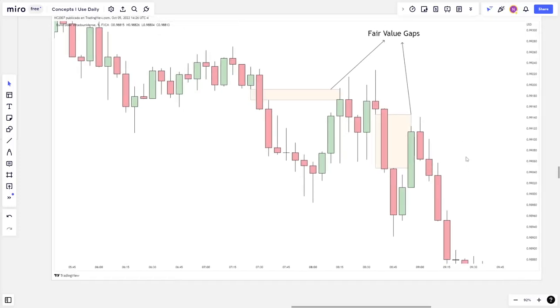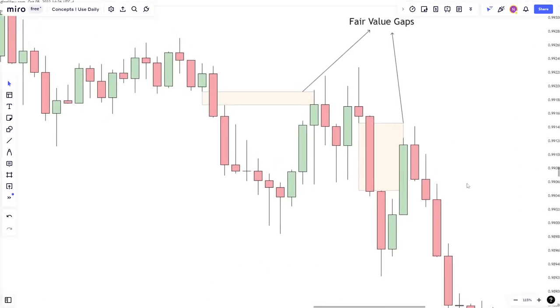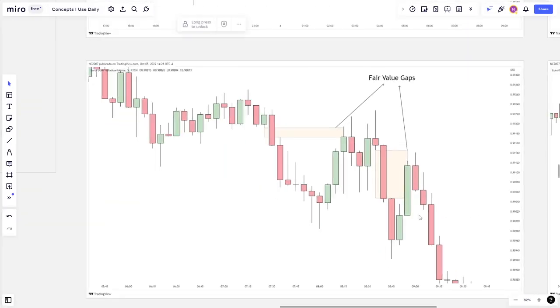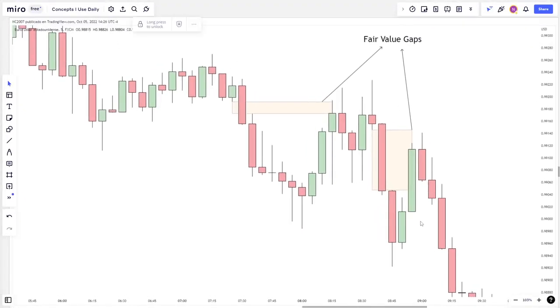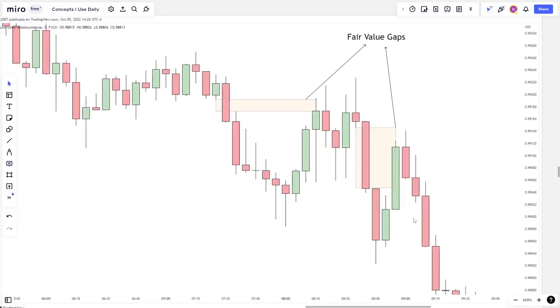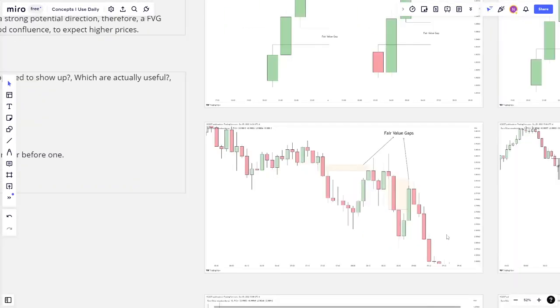So as I don't really understand the concept, I understand how they work, how they're created and how we can use them. That's why in the disclaimer at the beginning I said that I don't really understand how some of these concepts work, but I do understand that by putting these together, we can actually try to be profitable in the market, right? So random buy side liquidity, market shift, fair value gap lower. These are fair value gaps.